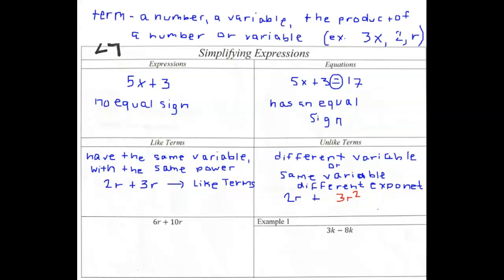And you say what? Why? The exponent is different. Are we all on the same page? They have to have the same variable and the same exponent to be alike. So these would be considered unlike terms.